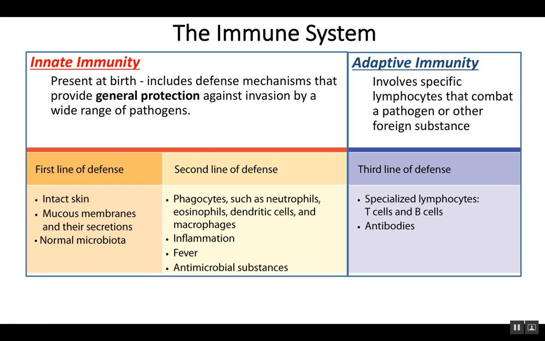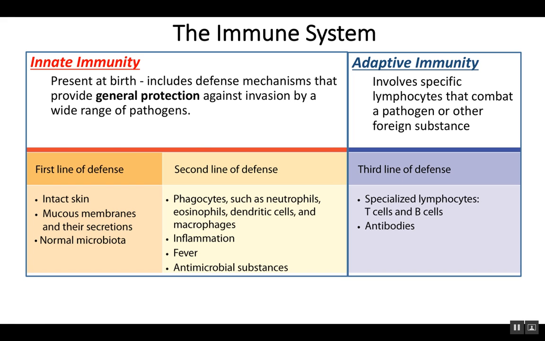The adaptive system has two important properties. One is it has specificity, meaning it can specifically recognize different strains of viruses. It can recognize different strains of bacteria. It can recognize very, very specific proteins that these microbes have.